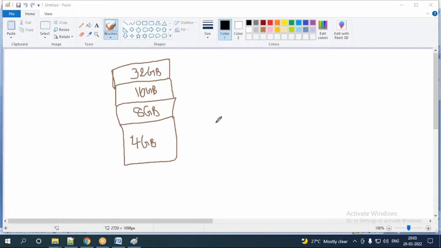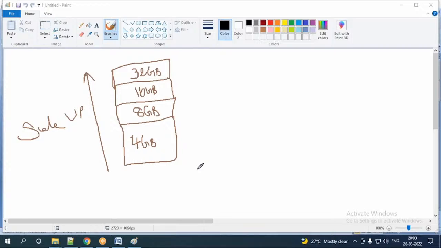But after some time, my chipset or motherboard is not supporting this kind of upgrade. Whatever has happened till now is called scale up. You are increasing your configuration to make sure you are getting some improvement.